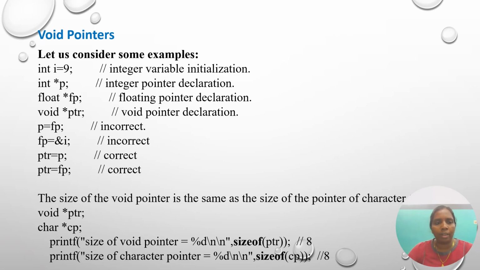So this is one best example for a void pointer. Integer i equal to 9, int *p. Here float *fp is a declaration with type float. And a void pointer does not return any variable.